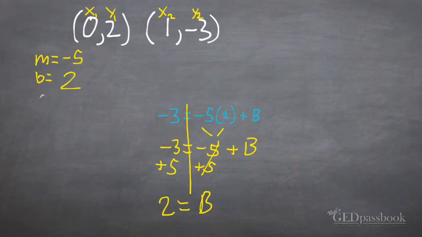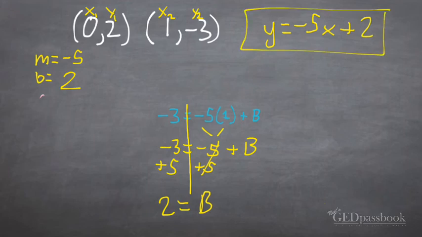b is 2. m is negative 5. Guess what you do now? You put it in its final linear equation format, which is y equals negative 5x plus 2. You just found the linear equation, my friends.